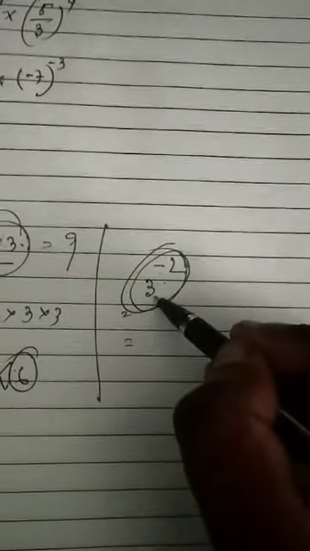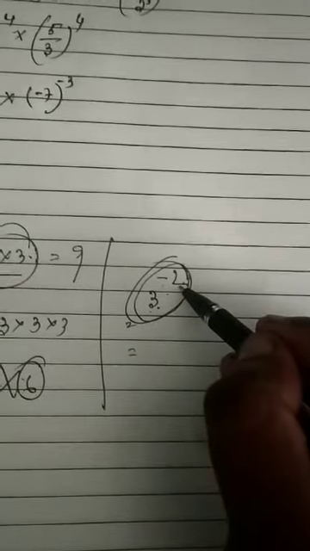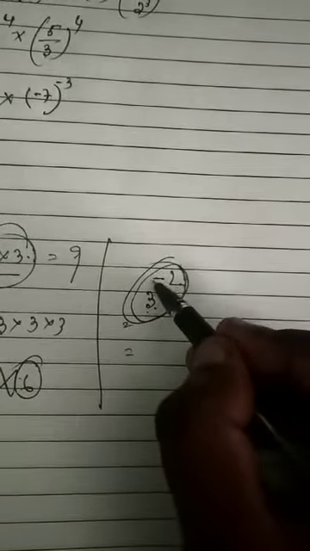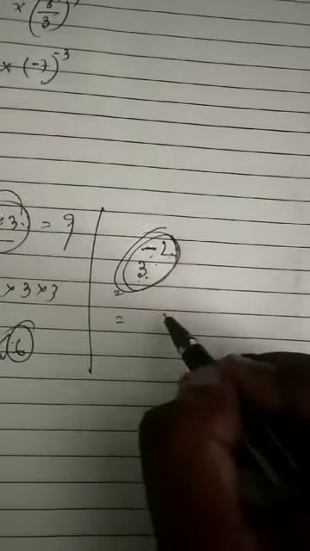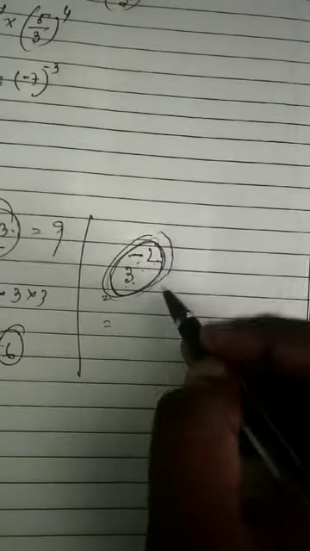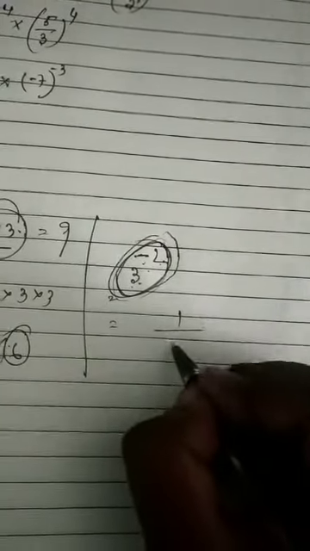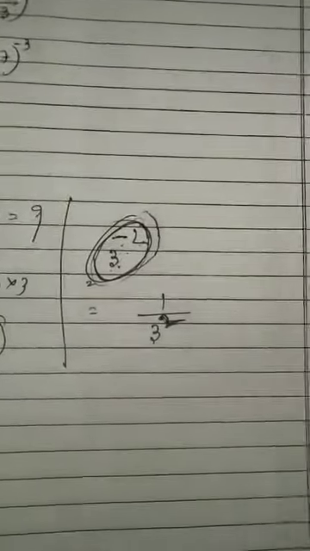Whenever the power is negative, always remember it is actually part of the denominator. It means I have to write 1 by 3 square. 1 by 3 square.